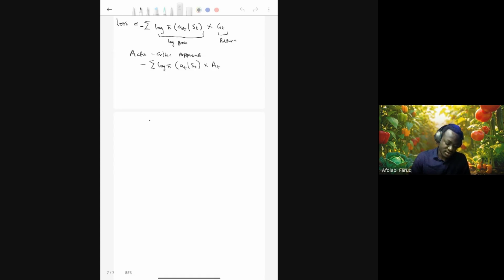Here is REINFORCE, building the simplest RL algorithm.